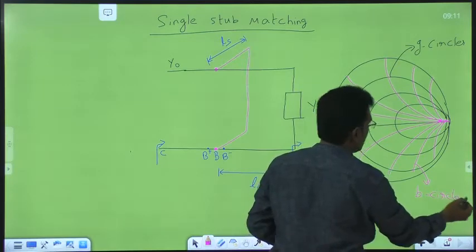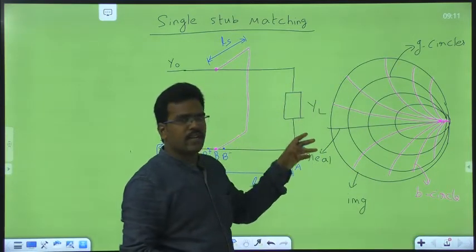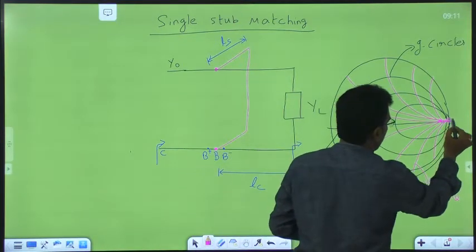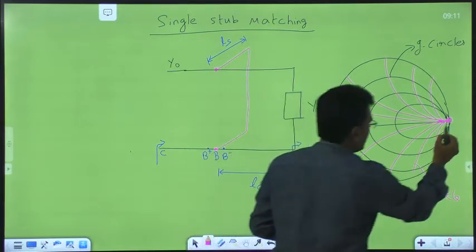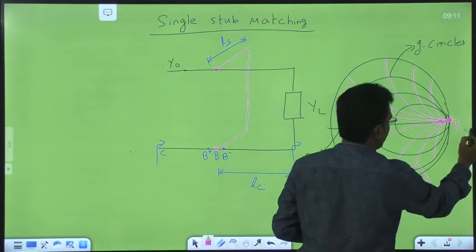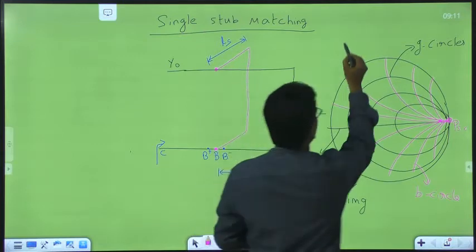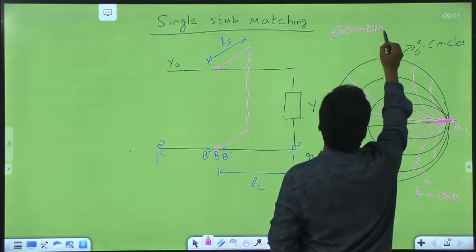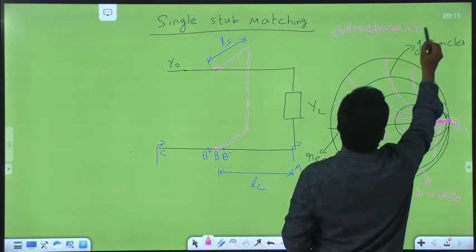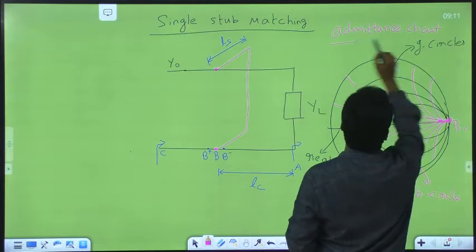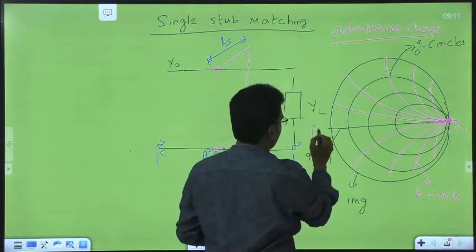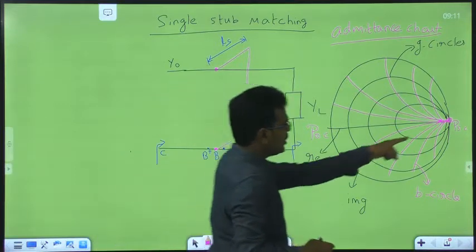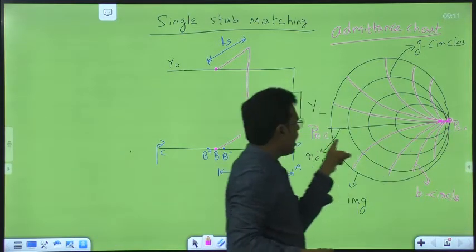So we are replacing the R circles with G circles and X circles with B circles. That is one change. Another change is this point is PSC in case of admittance chart, and this is the POC. In case of impedance chart, this is the POC point and this is the PSC point.